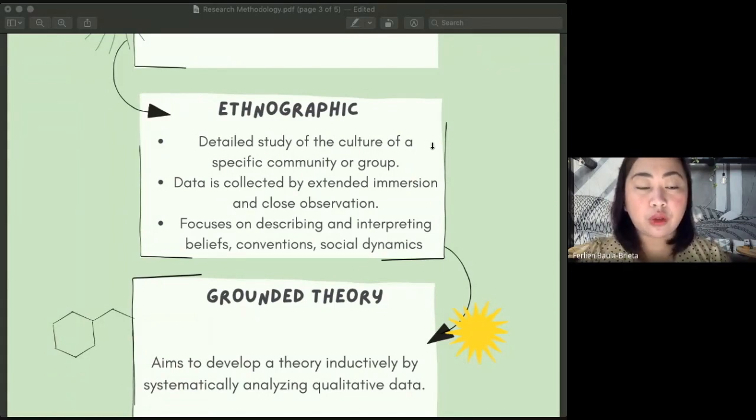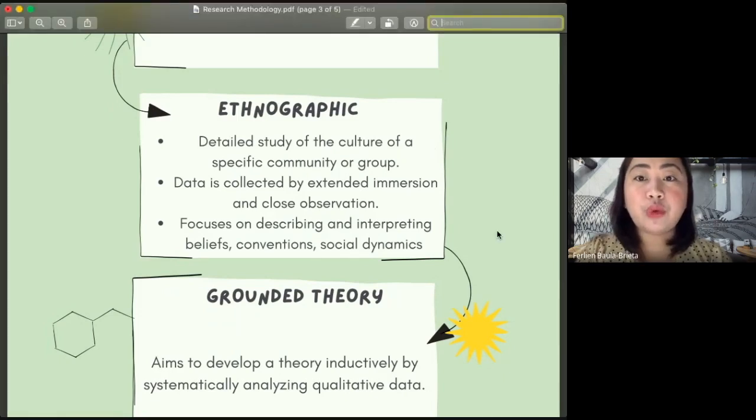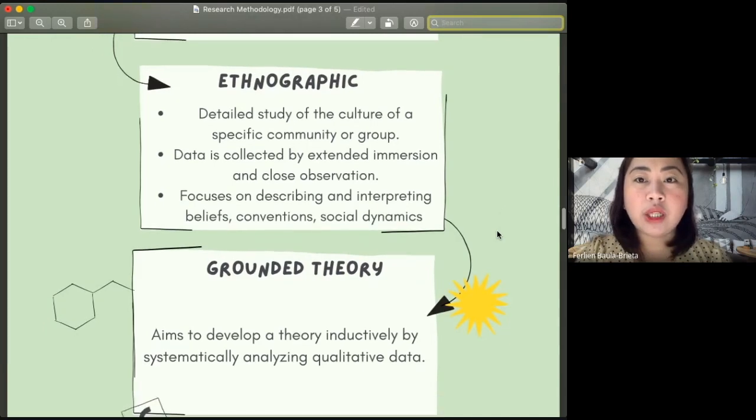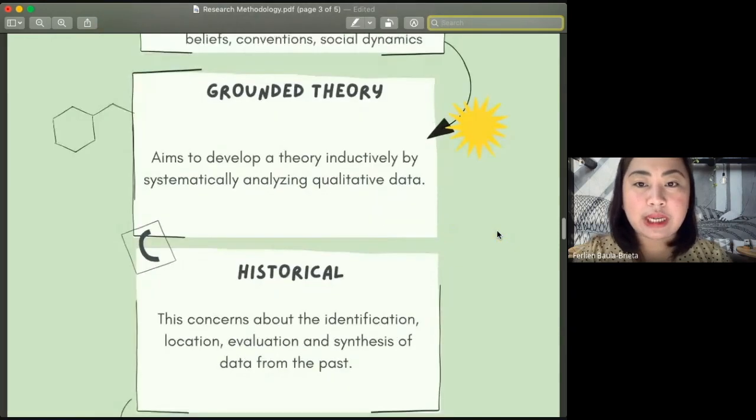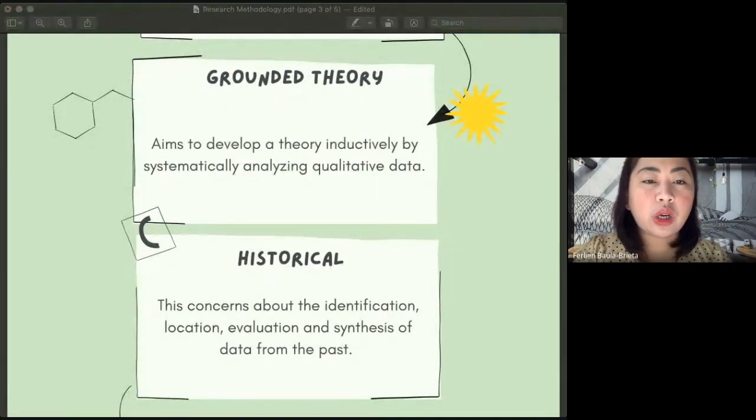They live together for maybe six months and understand what is happening. So they will generate a complete description of the present phenomena. All right? So that's the ethnographic qualitative research design.